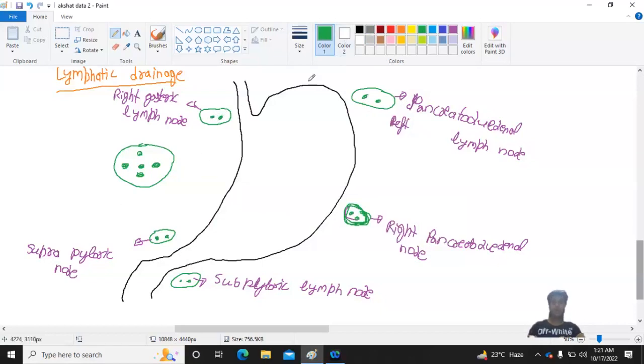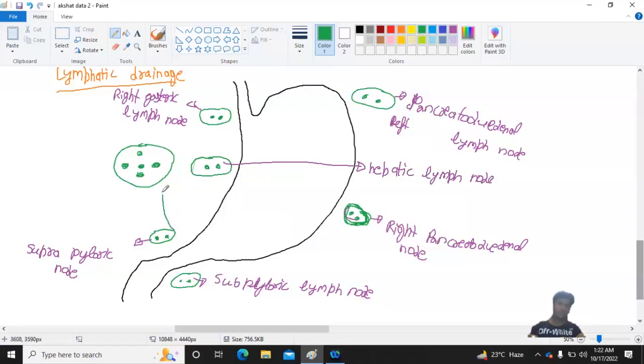Here is one more important node, which is called the hepatic lymph node. All directly or indirectly drain into the celiac node. So the direction of the arrow is like this.